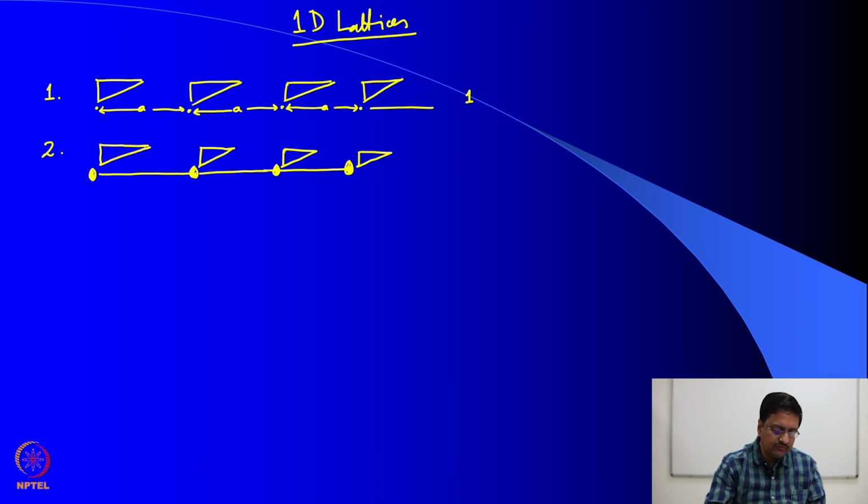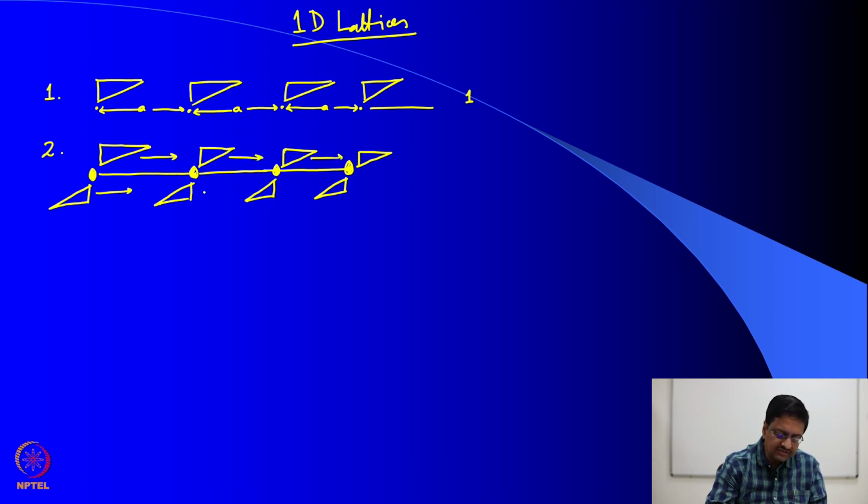So when you apply a two-fold axis about this point here, you generate the object like this. You see that these objects are translated, and these rotated objects are also translated. So this has a two-fold axis of symmetry. This is the second type of 1D lattice.